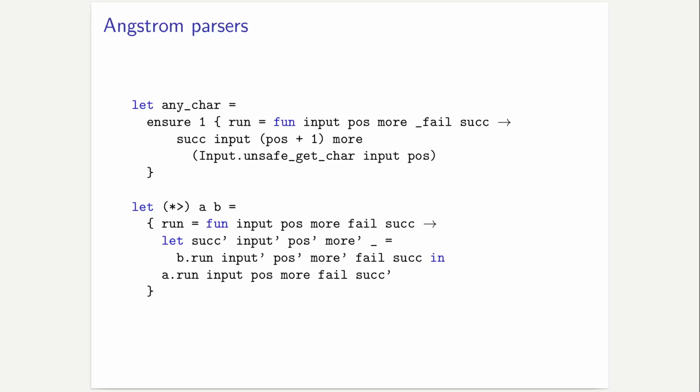And using this API, we can define any char. It's a bit more complicated than before, but here it is. It takes the state of the input, the failure continuation, and the success continuation. And in the case of any char, it always succeeds, so it calls the success continuation with the character it read.